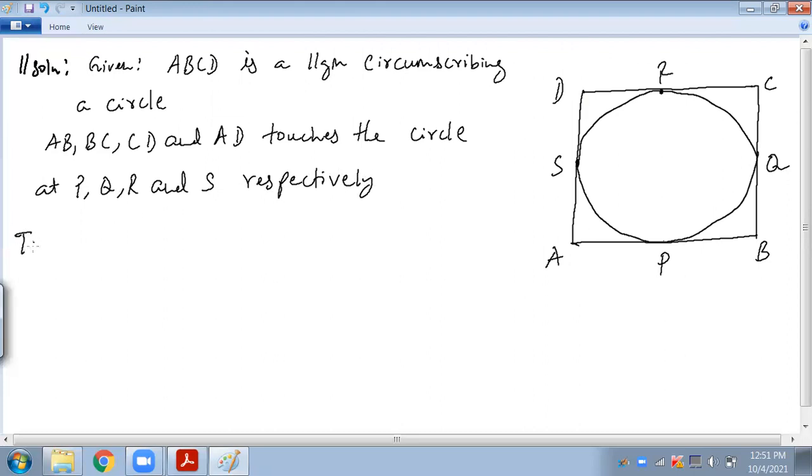To prove what: ABCD is a rhombus. Now to prove ABCD is a rhombus, you have to show all the sides equal. So we'll try to show all the sides equal. Okay, proof.